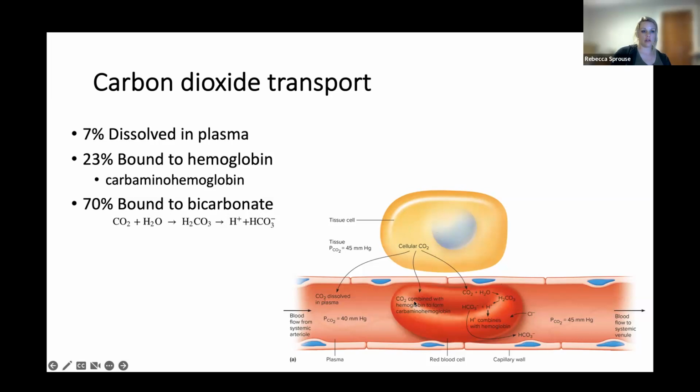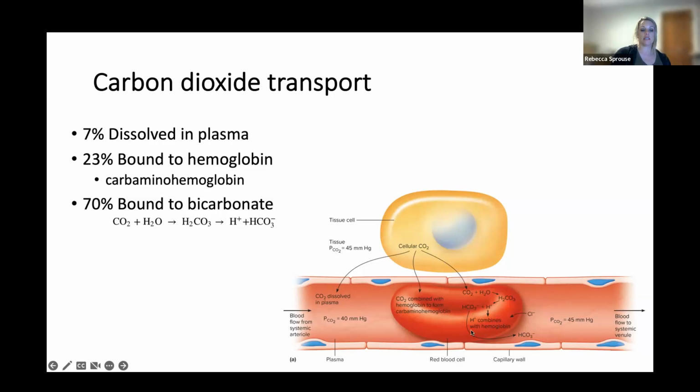There's water in the cytoplasm of that cell. So that carbon dioxide from our tissues jumps on the red blood cell. It needs a ride back to the lungs, right, to be exhaled. Well, while it's being carried on that red blood cell, it may combine with those water molecules. And then this reaction is going to go forward. So it's going to become carbonic acid, which quickly dissociates into hydrogen ions and bicarbonate.